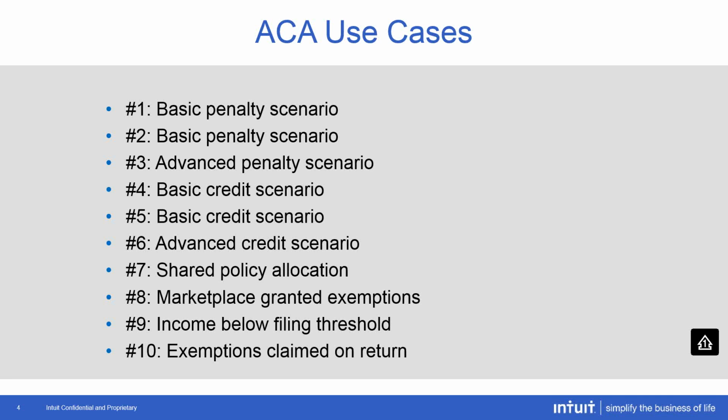We'll go through some basic penalty scenarios, an advanced penalty scenario, some basic premium tax credit scenarios, an advanced credit scenario, and I'll show you how to do the shared policy allocation associated with the premium tax credit. Finish up with some exemption scenarios: marketplace granted exemptions, income below the filing threshold, and lastly, exemptions claimed on the tax return.